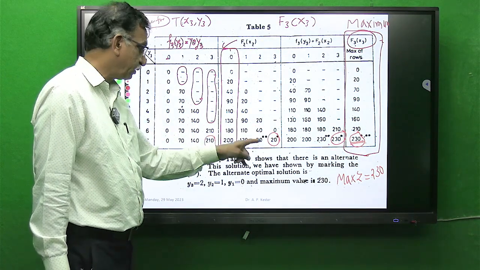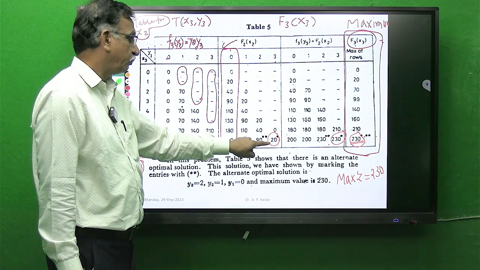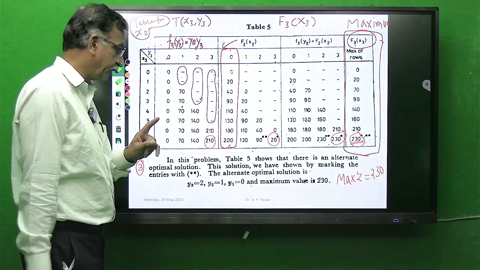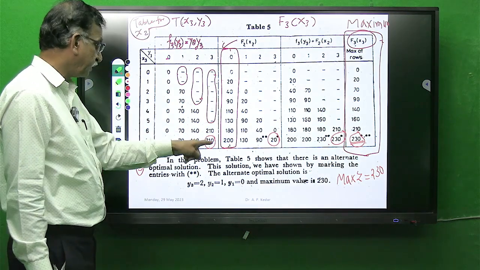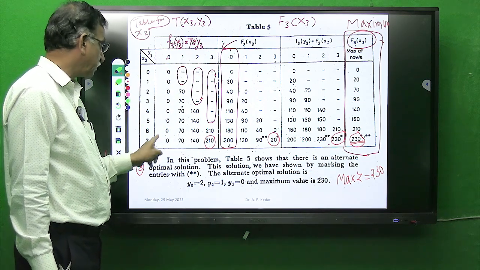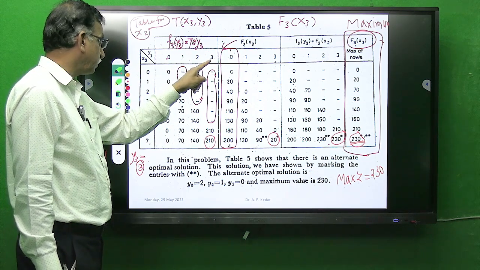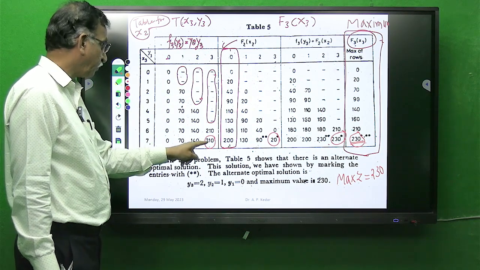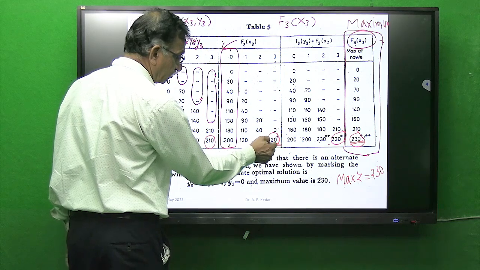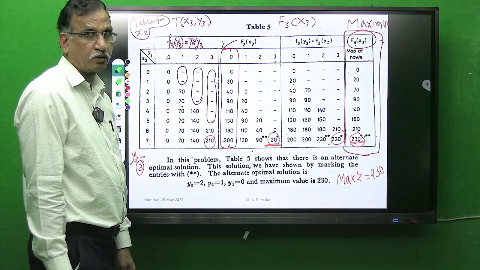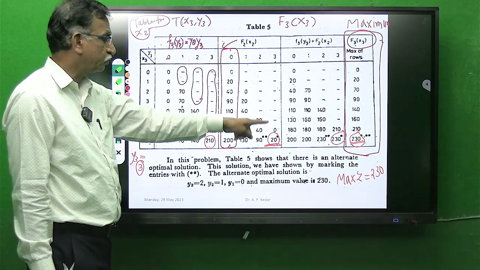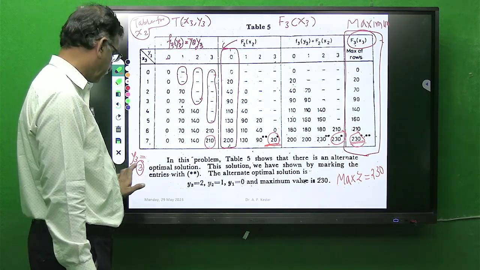Now we have to backtrack for F2 x2, 20, in the previous slide. Keep in mind y3 equal to 3 for this maximum 210. Now our attention will be on this value of 20. You might have got in the previous slide for F2 x2 the maximum value 20. So we'll see that.